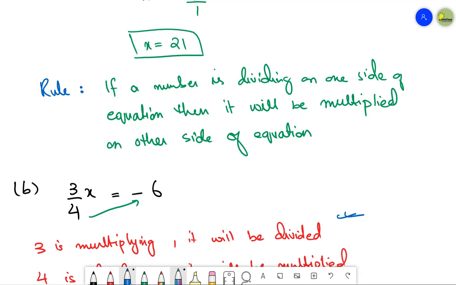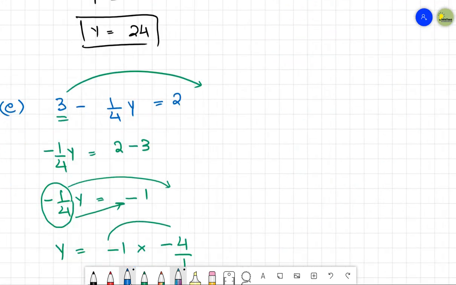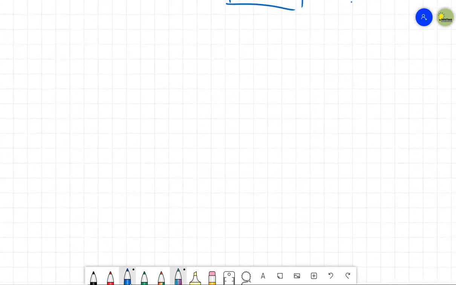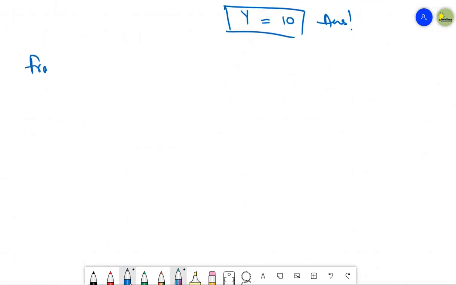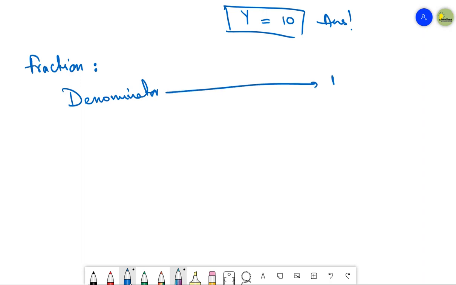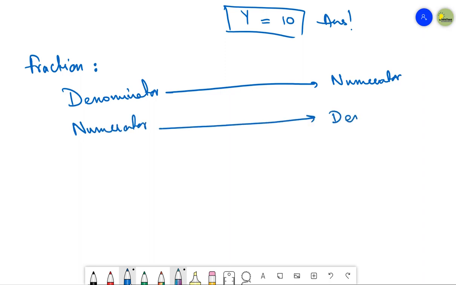On the other hand, we can say that if you have a fraction, let me write it over here. I'm again explaining it. If you have a fraction, then the denominator will become the numerator on the other side, and the numerator will become the denominator on the other side.